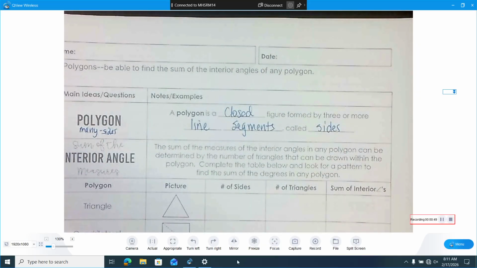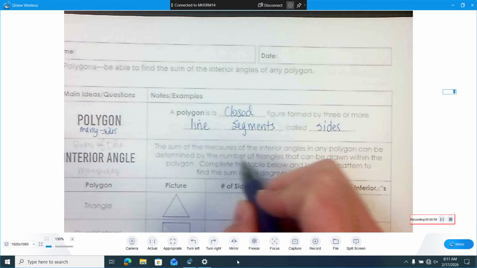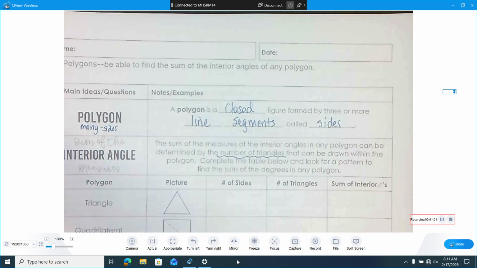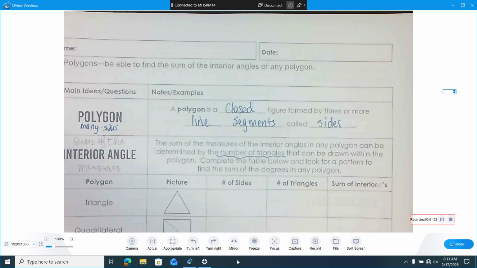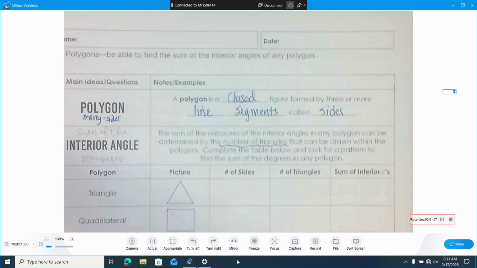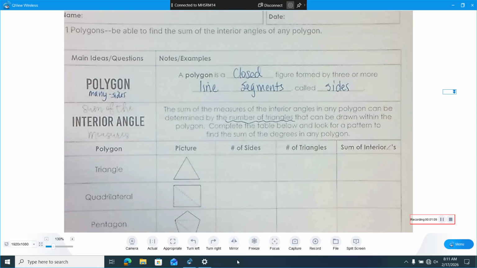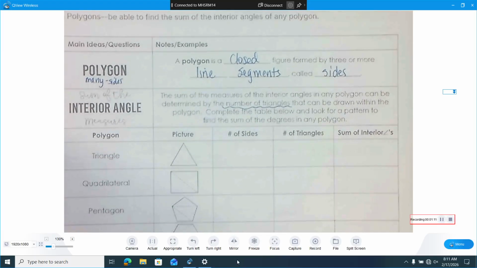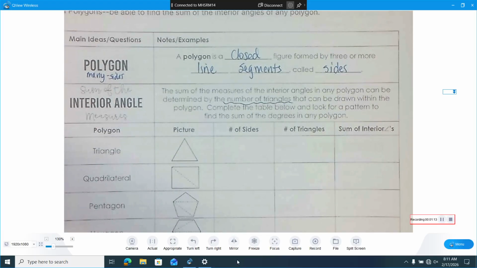It is a many-sided figure from triangle on up, and the sum of the measures of the interior angles of any polygon can be determined by the number of triangles that can be drawn within the polygon. And this is talked about a lot. Again, one thing that I absolutely love is to not have to memorize things, and this is one of those things that is actually really, really easy to figure out.